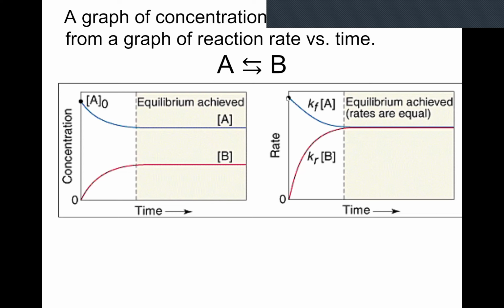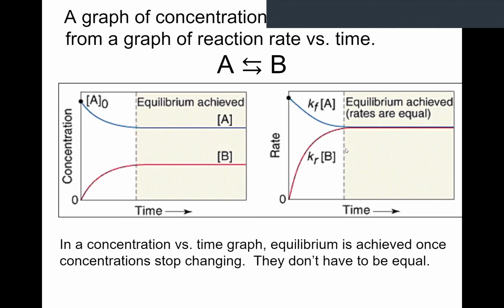And the forward reaction, the one where reactants are becoming products, since you begin with 100% reactants in the reaction vessel, that's the one that's going to start out high as a rate and then go down. Eventually, these do level off, but equilibrium is achieved not necessarily when the leveling off happens, but when they touch each other, when the forward rate and the reverse rate have equaled off.